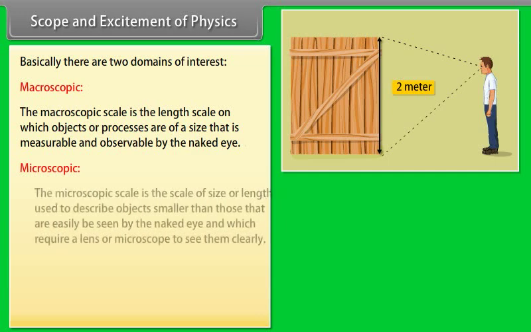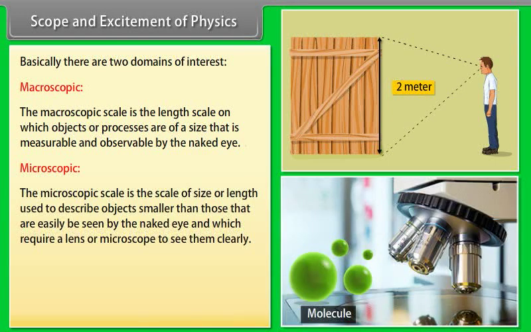Microscopic. The microscopic scale is the scale of size or length used to describe objects smaller than those that can easily be seen by the naked eye and which require a lens or microscope to see them clearly.